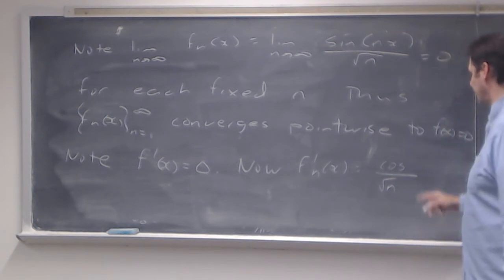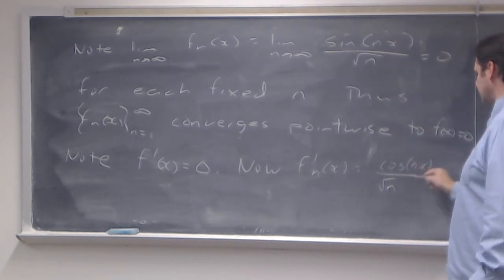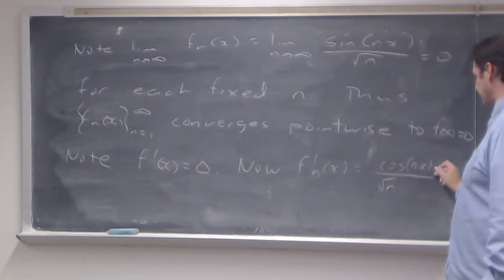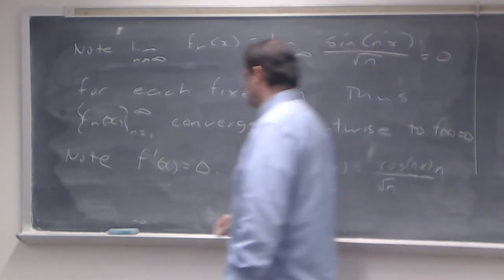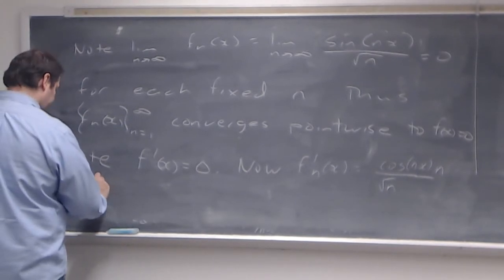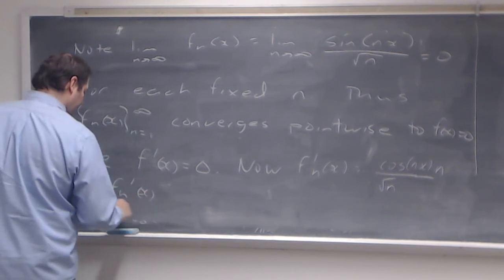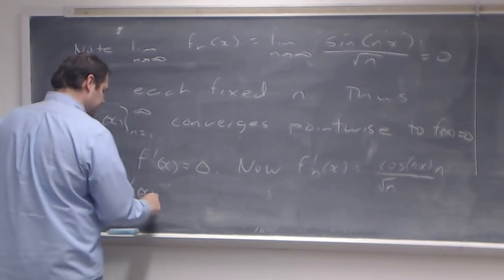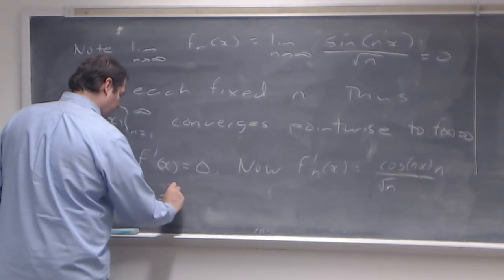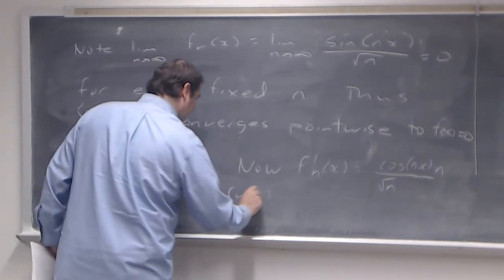The derivative of sine is cosine of nx, but then we take the derivative of nx using the chain rule, and that's n. So f sub n's derivative is equal to the square root of n times cosine of nx.